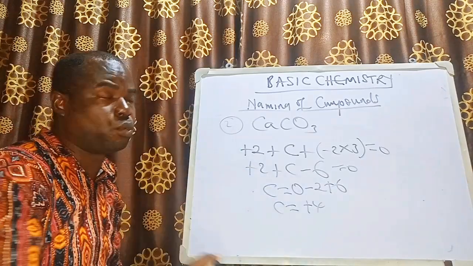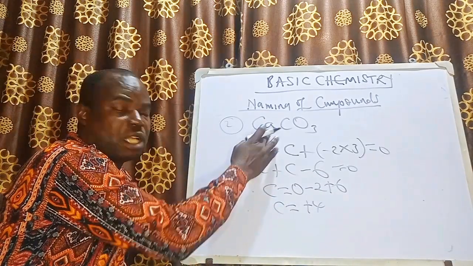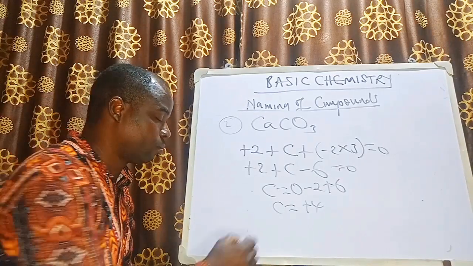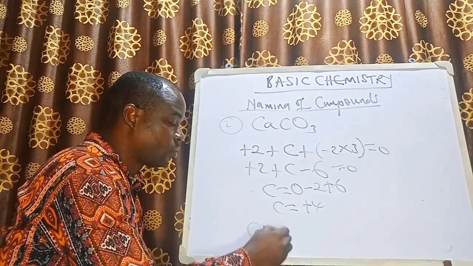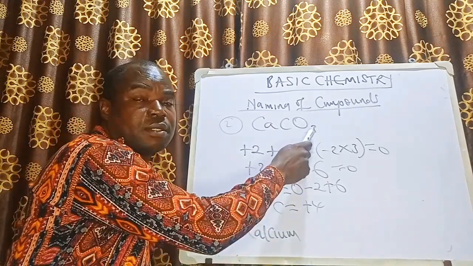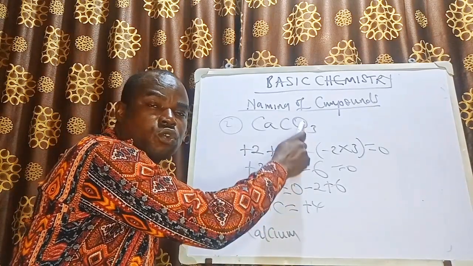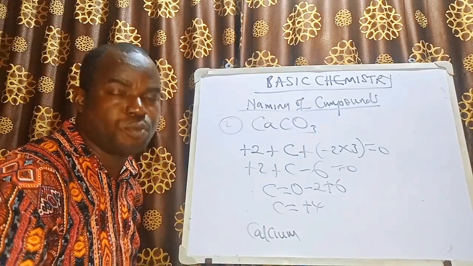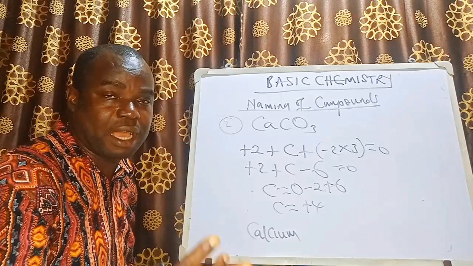Like we did in the other example, the first element comes down. Calcium. Okay. Now, what is this? Trioxocarbonate. O means 3, 3 means tri.